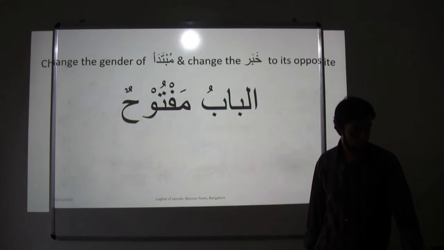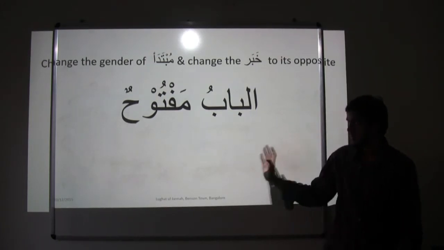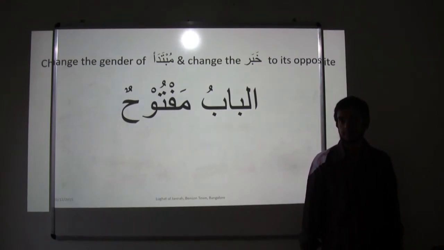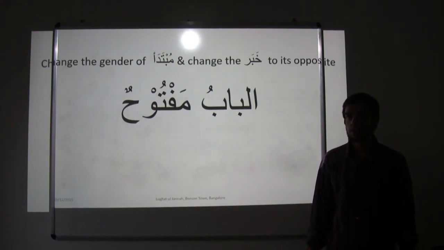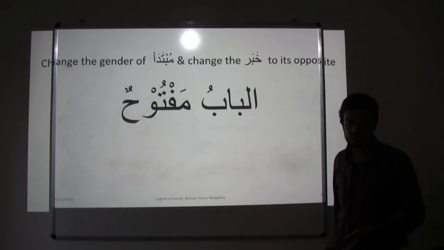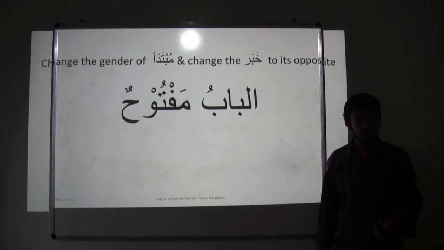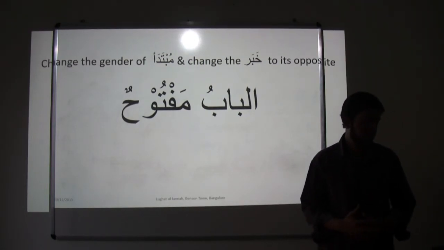Okay, let's go to the next one. Okay, this is the last one, okay? Okay, fine. Huh? No, not building, not building. The window, yes. Use the word for window. Halangi, even that is correct, but it's better you use the word for window. Okay?